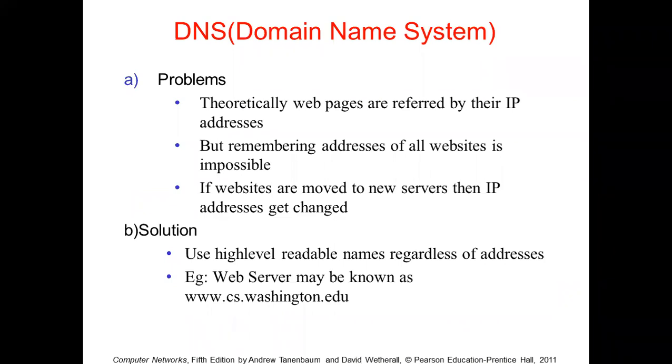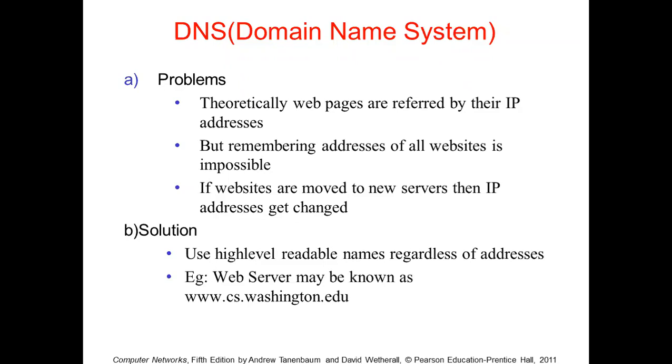Suppose we are accessing the CS department of a particular university, then we would directly give the name www.cs.washington.edu. Remembering this is easier. Or for example, suppose we want to access the website of our college, then gccbgm.org. This is easier, but remembering the IP address of our college server is a little difficult.